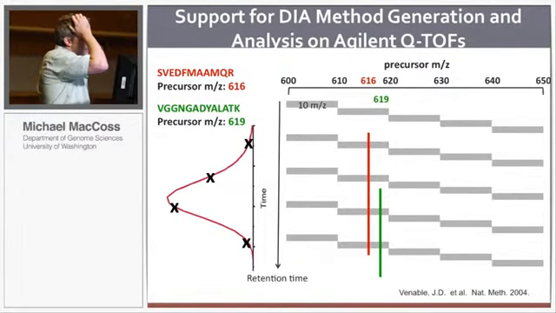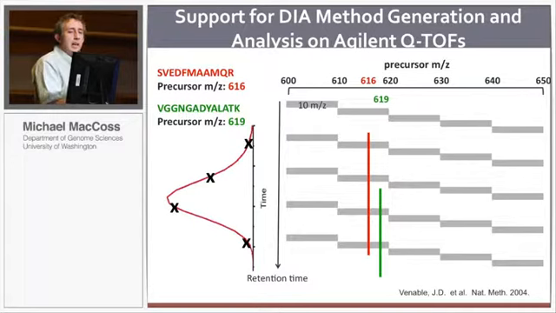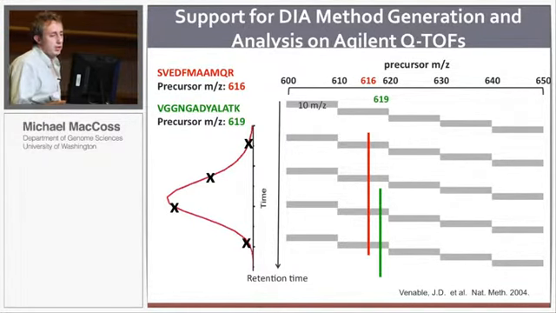The other thing is, there's been a lot of hype, of course, with data-independent acquisition recently, and most people don't realize that Skyline supports data-independent acquisition across all vendors. It doesn't matter what platform you're using, but we spent a lot of time making sure all this worked for Agilent QTOFs.